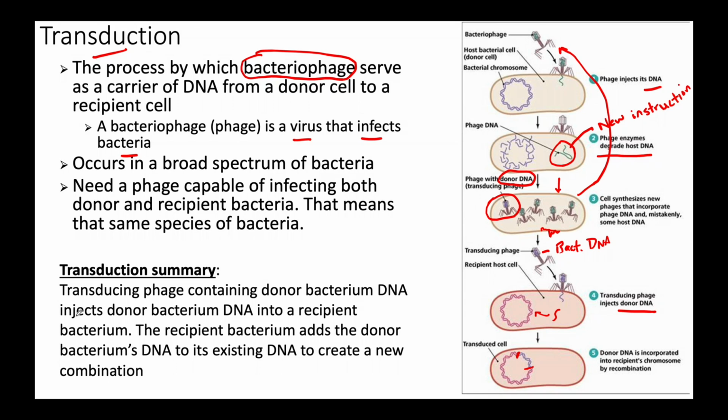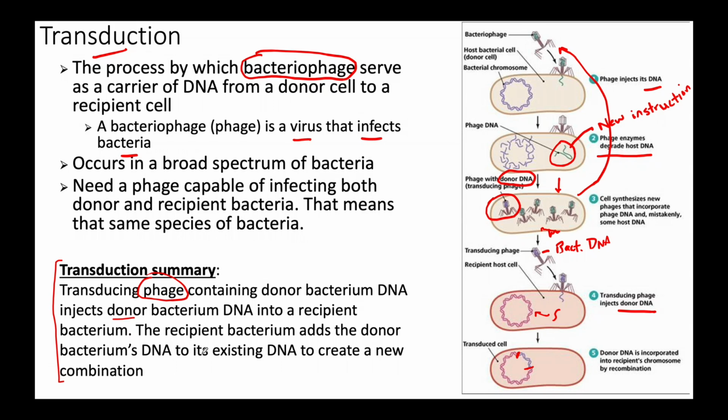And so here's the summary of this. But notice what's most important is that there is a bacteriophage that's going to be carrying out this process. There's a transducing phage that's carrying donor bacterial DNA. When that finds a recipient cell, it's going to inject that donor DNA into the recipient, and then that DNA, now that's in the recipient, can become incorporated into the existing DNA.